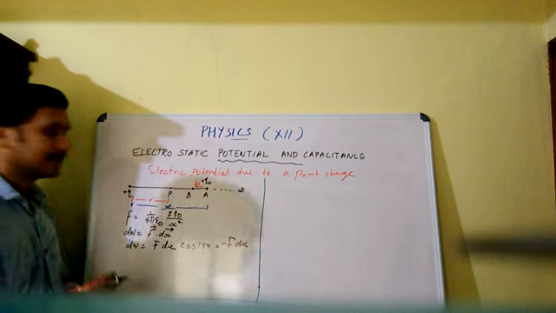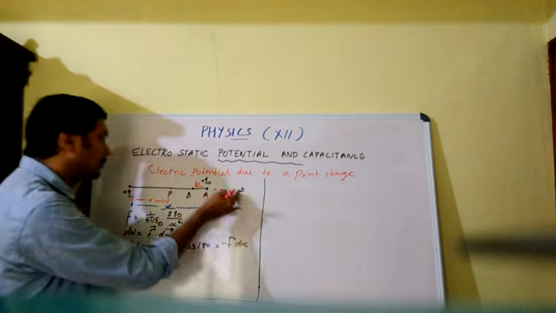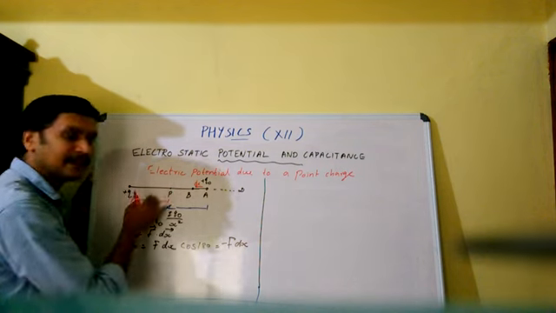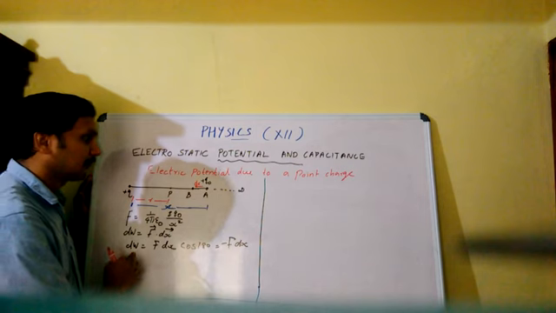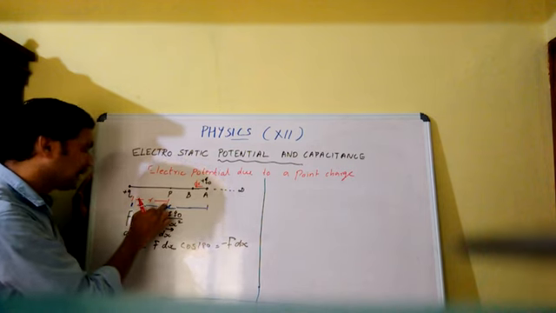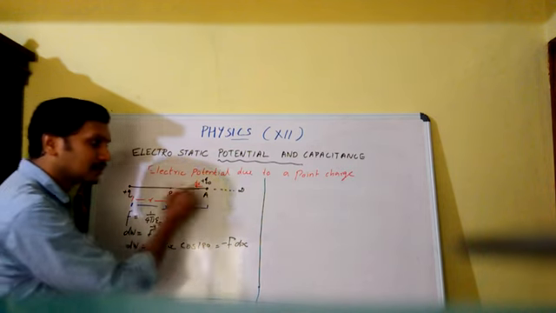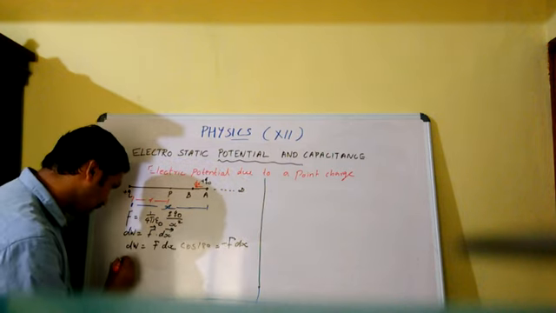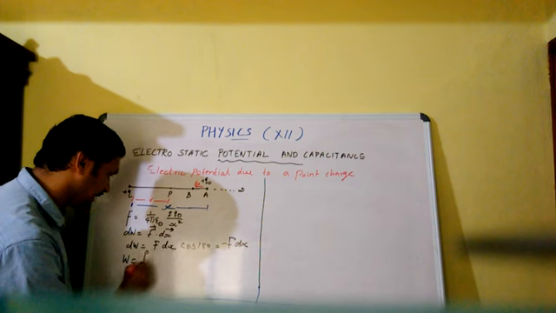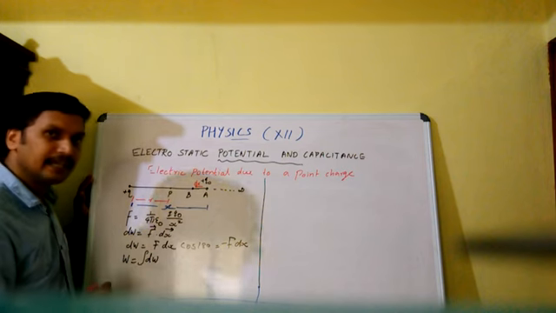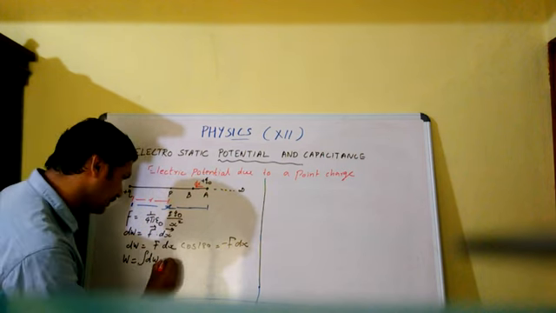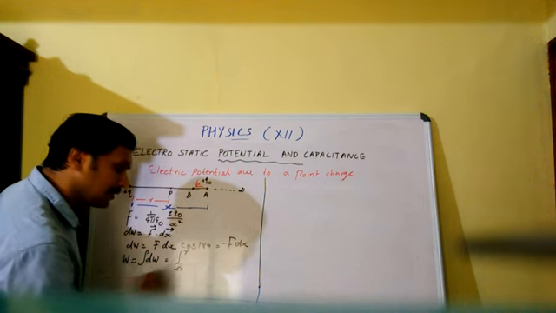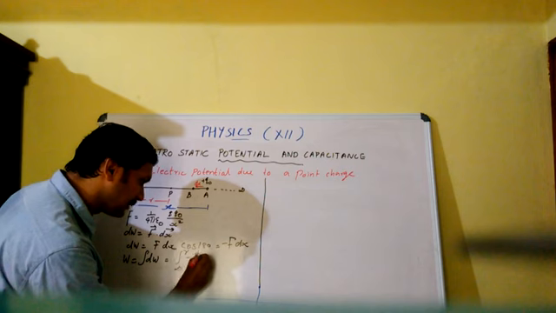But actually we want to bring the charge from infinity to the point P. So to calculate the total work, we have to integrate the small work done from infinity to the point r. The total work is equal to the integral of dw, which is the integral from infinity to r of minus F into dx.